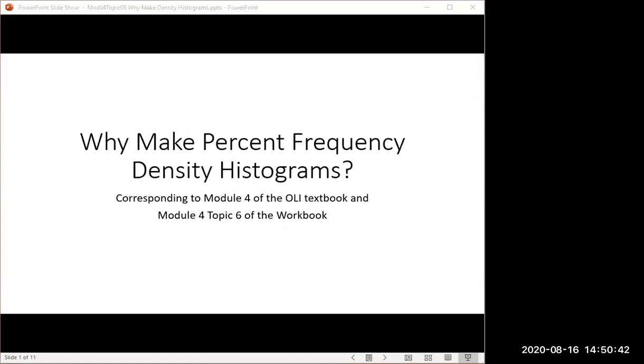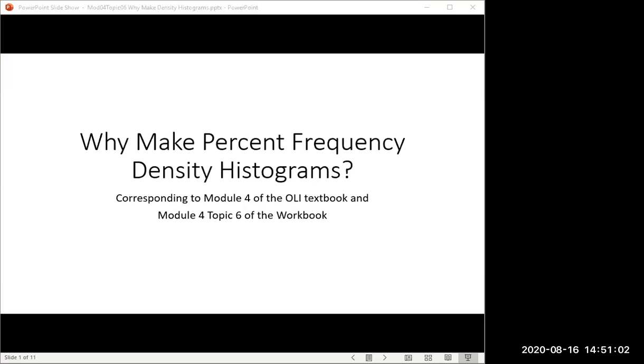In a previous video, we reviewed how to make percent frequency density histograms, and we talked about the formula for percent frequency density. In this video, we want to try to address why this is a good type of histogram to make.